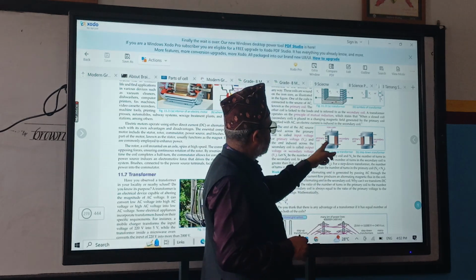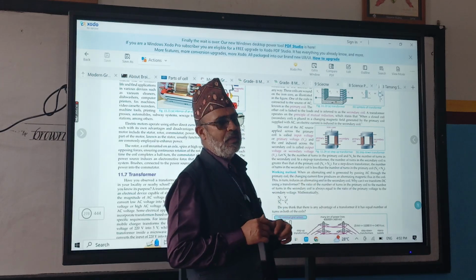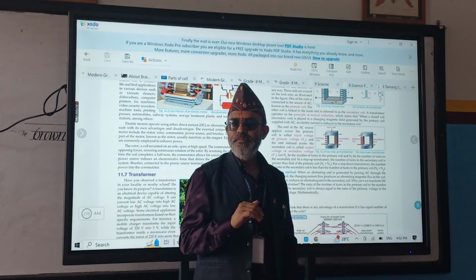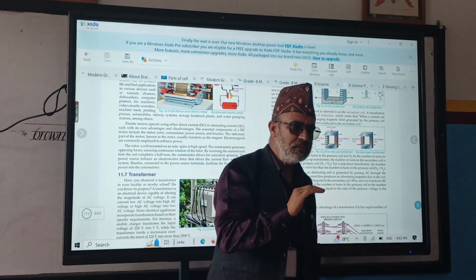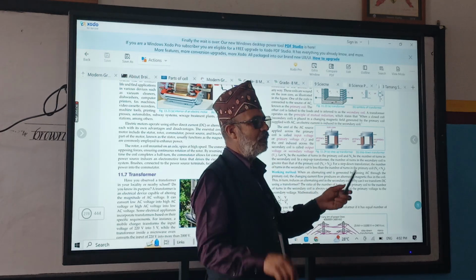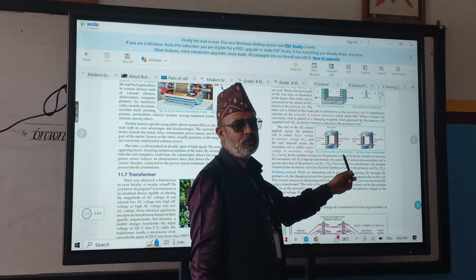The number of turns in the primary coil and secondary coil must be unequal. If equal, then that is not a transformer. Why? It cannot increase the voltage, it cannot decrease the voltage. Same voltage means just use one wire only. So, to either increase or decrease, we have to use a transformer.